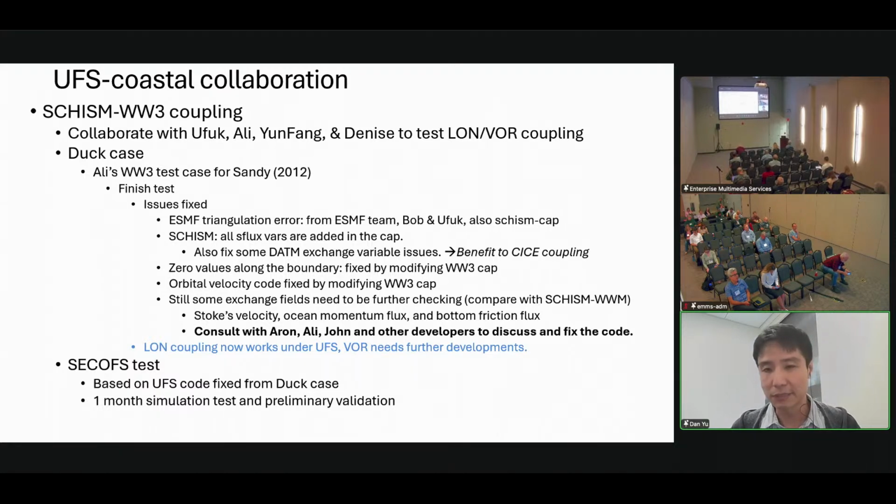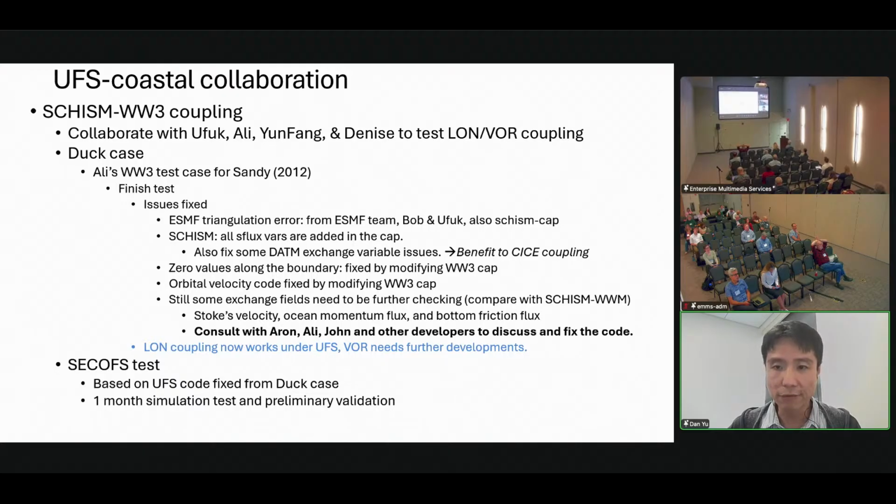So this development also benefits the ice coupling, and as you can see, we do two different types of coupling. There are about 10 variables we need to check carefully. The approach here: SCHISM has its own wind wave model.